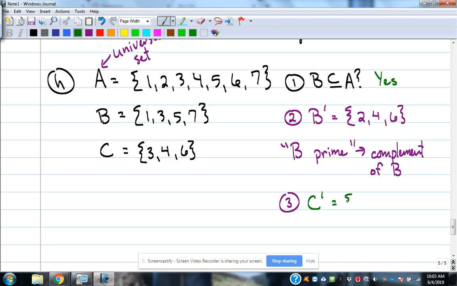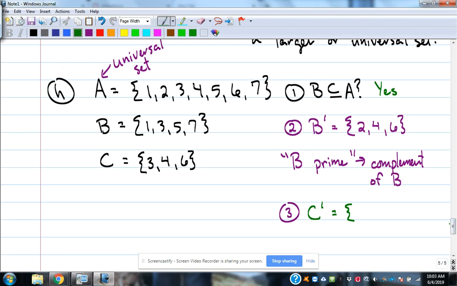what numbers would be in C prime? So we look in set C, it's got 3, 4, and 6. So in set A, basically we can just mark those out.